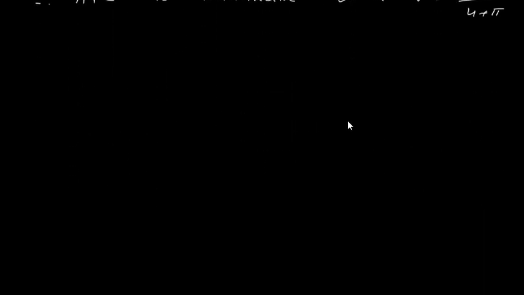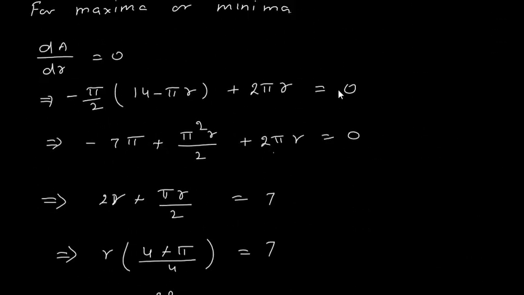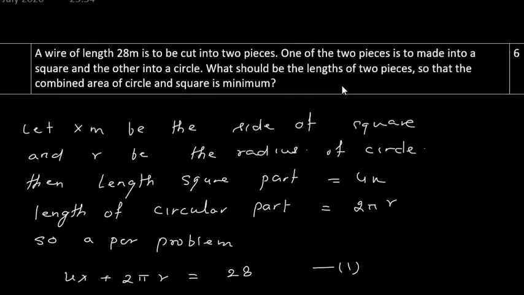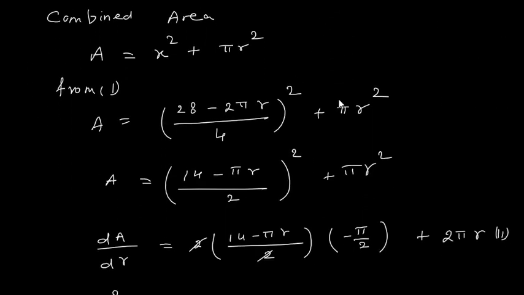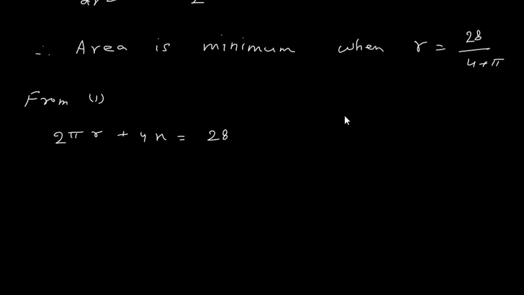Now from equation 1, in equation 1 what we have said, that 2 pi r, that is total length of the circle, 2 pi r plus 4x is equal to 28. Okay, if we see the first equation, we have 4x plus 2 pi r is equal to 28.